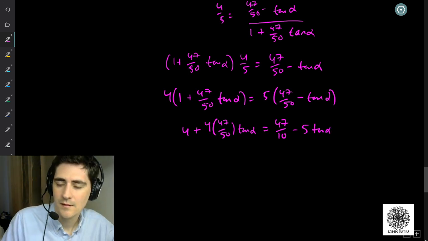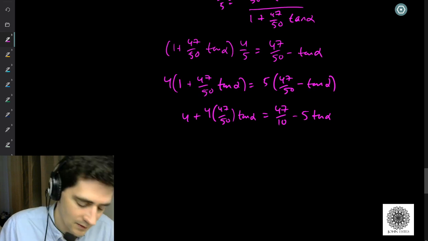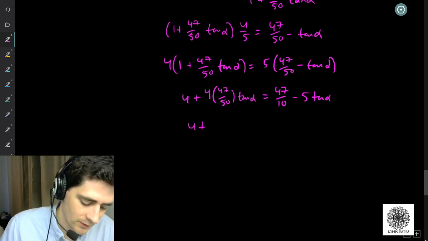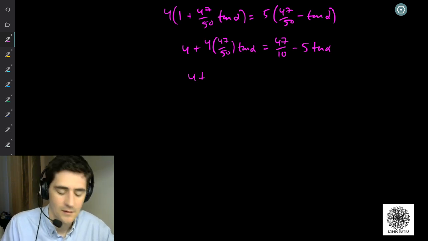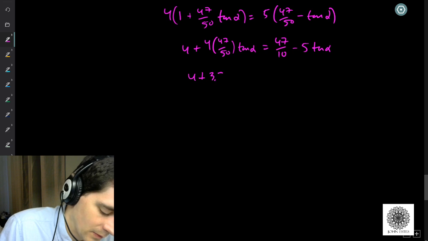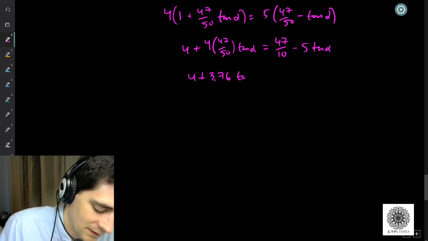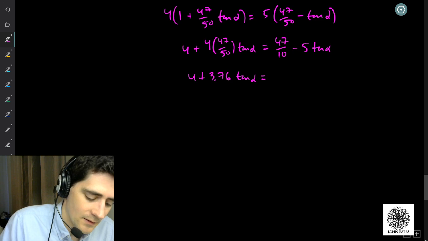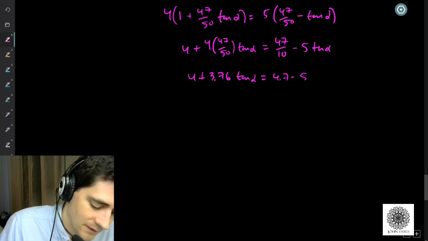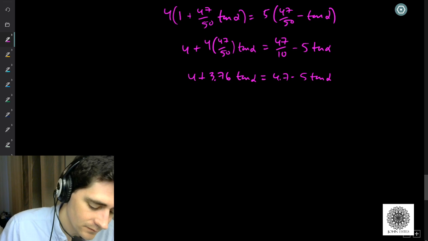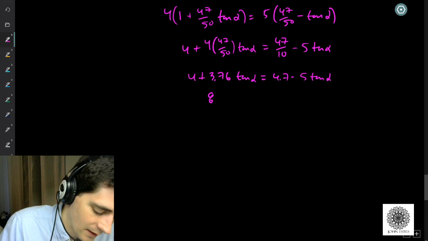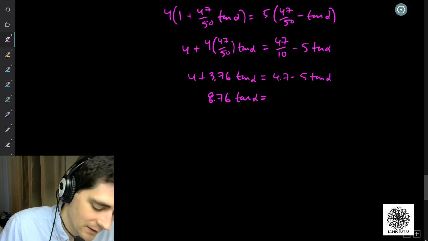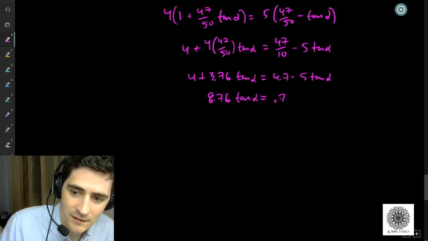When I do that, let's bring in our calculator. 4 times 47 over 50 should be 3.76 tan alpha equals 4.7 minus 5 tan alpha. Now when I add 5 tan alpha to both sides of my equation, I end up with 8.76 tangent alpha equals, subtracting 4 from both sides, 0.7.